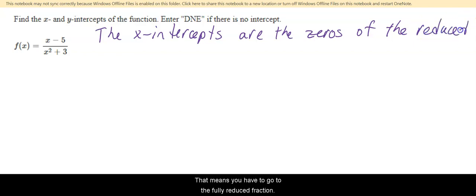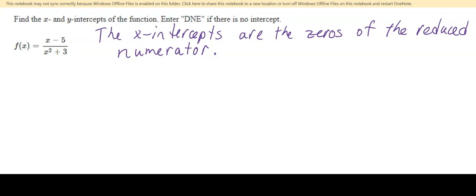That means you have to go to the fully reduced fraction, find the numerator, and set each factor in the numerator equal to 0. That's where you will find the x-intercepts. For the y-intercept, you can plug 0 for the x-coordinate in any form of the fraction you desire.